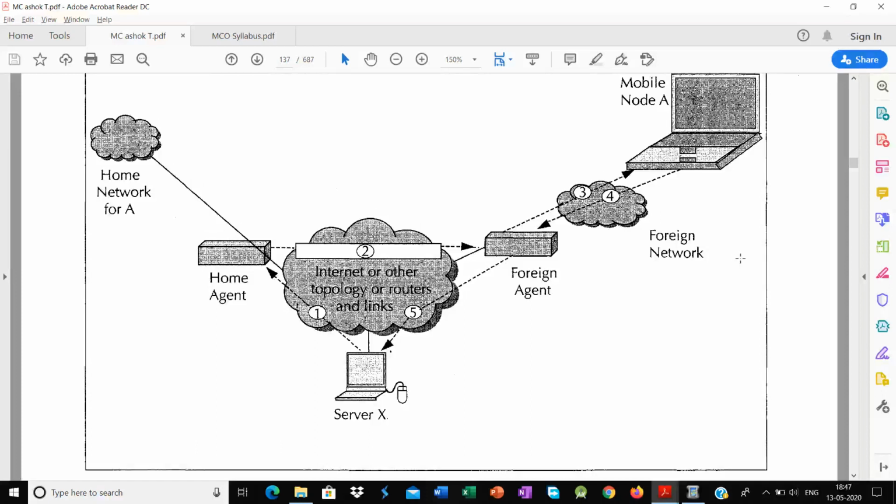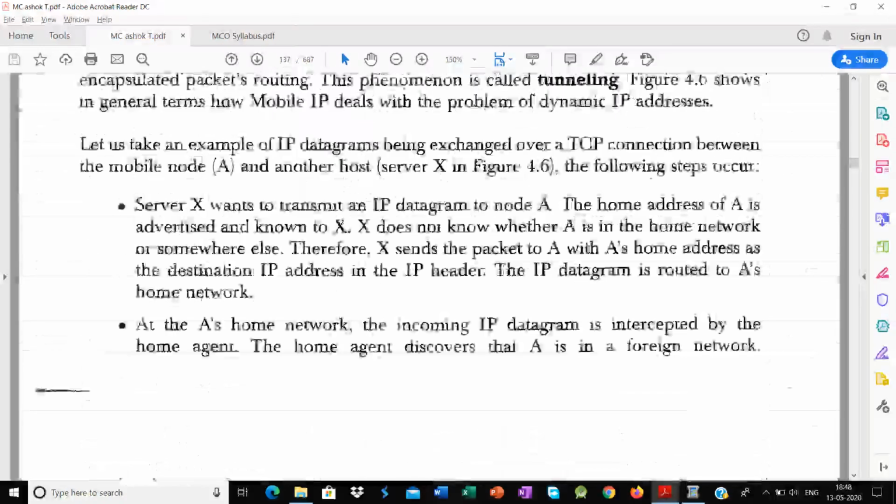Server X is there, foreign agent is there, home agent is there. This is a foreign network, and this is the internet, a whole global network having one tunneling process. A single virtual path is established across the whole network, connecting the home agent and foreign agent. So how does this system work?